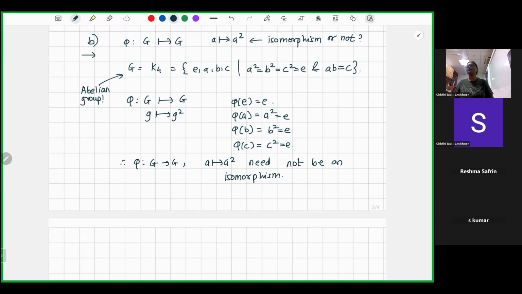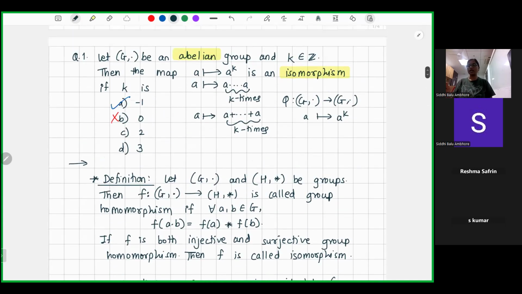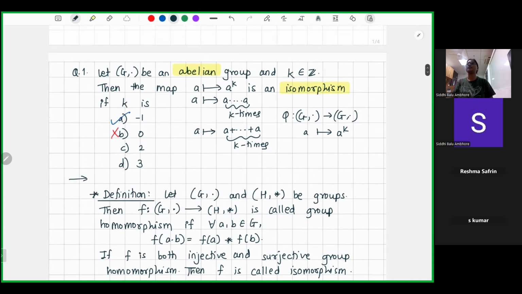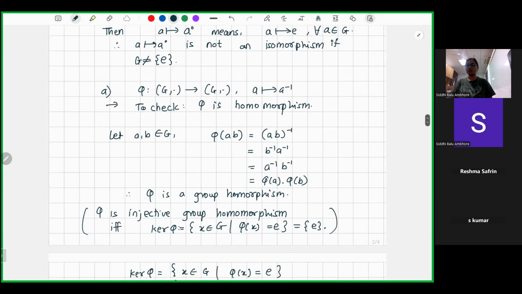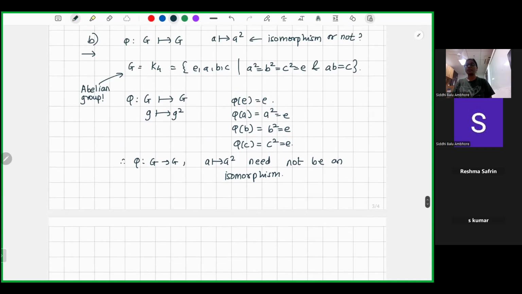It could be in some cases, but in this case, it is not an isomorphism. Is this okay? We were asked this question in the general sense where G is any abelian group. So this definitely gives us that it is not an isomorphism. Okay, so this one is not true.